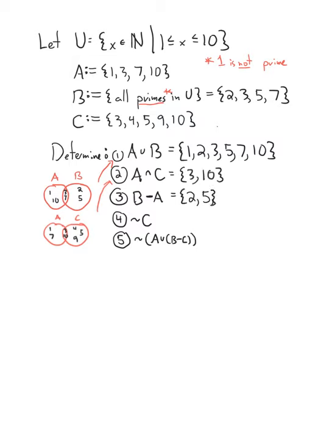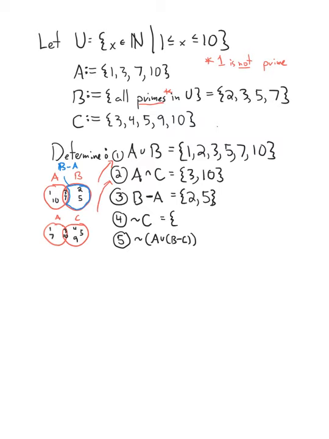Maybe I'll highlight over here. So the area that is B minus A is this area here in blue. So this is B minus A. That's 2 and 5. And, well, the complement of C, that's everything that's not in C, but still in our universe.